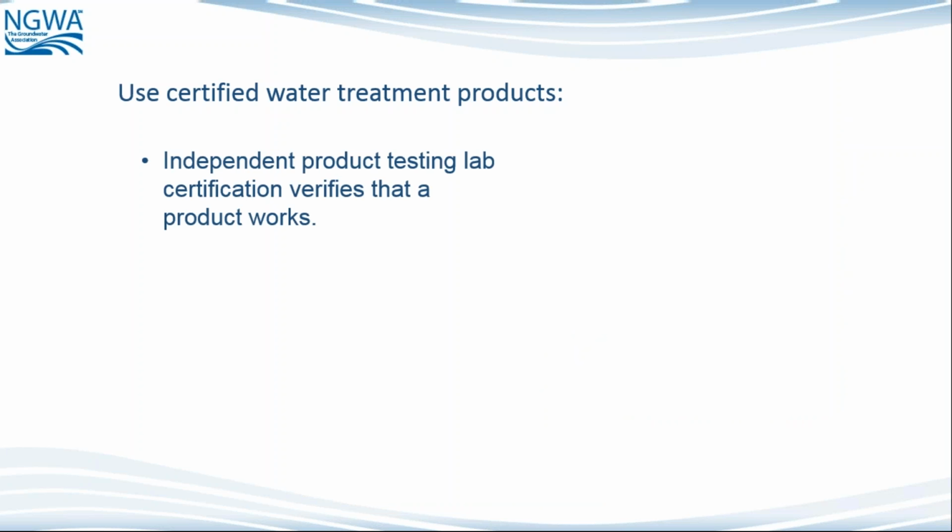In our industry, of course, we have independent product testing laboratories and companies that verify that not only do these products work, but they meet their technical guidelines that are quoted in their literature. And many of these certifying testing laboratories actually inspect the manufacturing facilities and audit the material flow, so any products being utilized in the construction or manufacturing of these water treatment technologies meet certain standards.